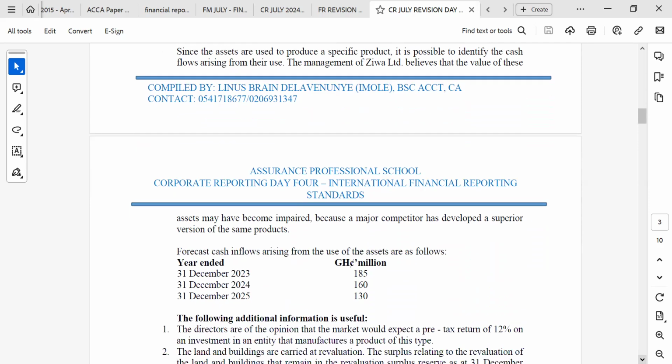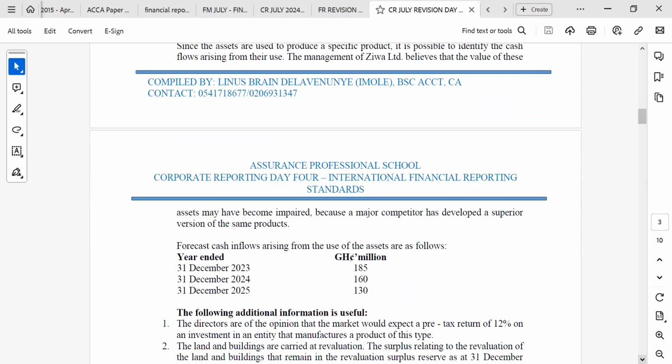The management of Ziwa Limited believes that the value of these assets may have become impaired because a major competitor has developed a superior version of the same product. Forecast cash inflows arising from the use of the assets are as follows.